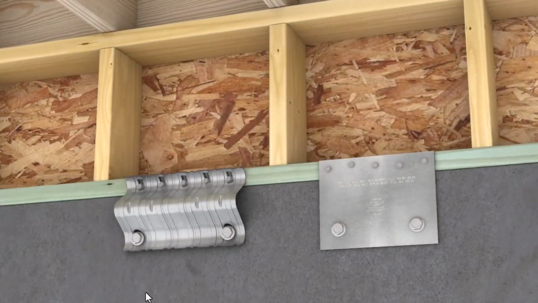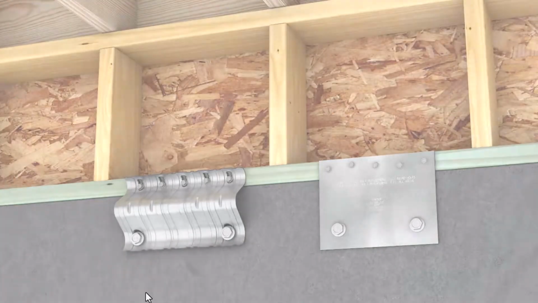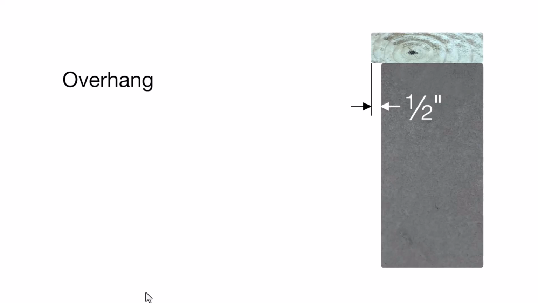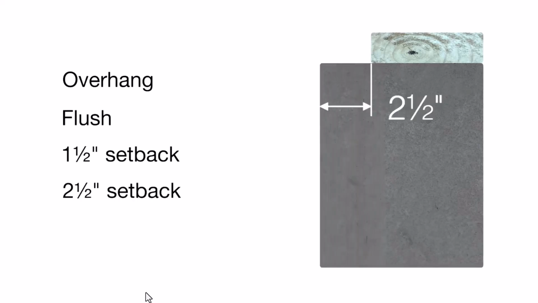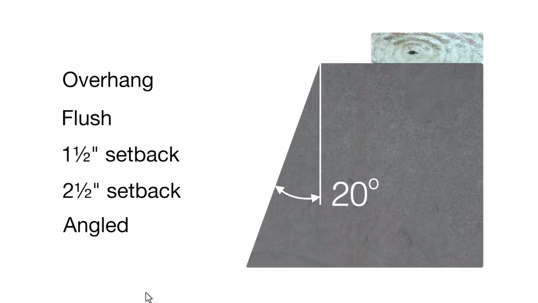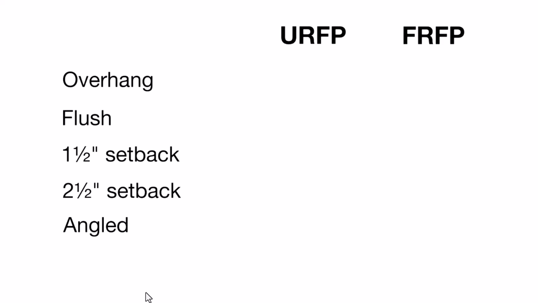These plates can accommodate a range of foundation types and perform equally well whether the mud sill is overhanging by ½ inch, flush, set back 1½ inches, 2½ inches, or at any position in between. They are also adjustable up to 20 degrees for angled foundations. The foundation plate you select will depend on the foundation type and sill plate orientation of your structure.